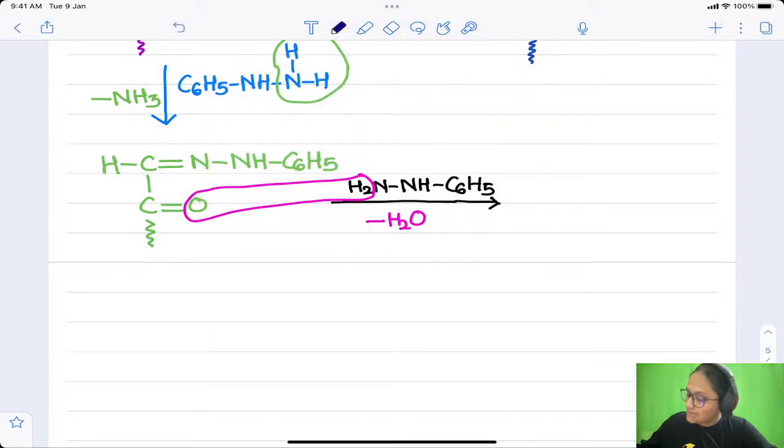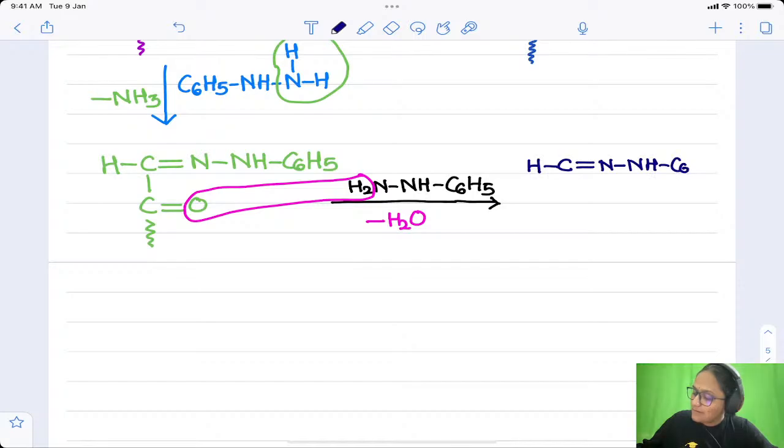So it will be C attached to H, double bond N, NHC6H5. This is the first part. The next C also converted to double bond N, NHC6H5. Then the remaining structure as it is.